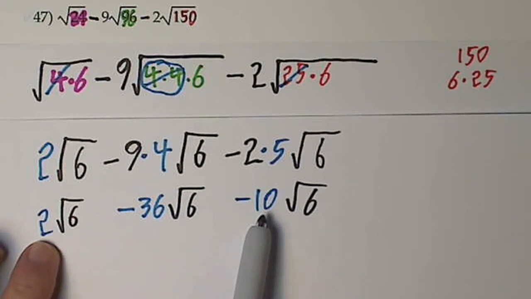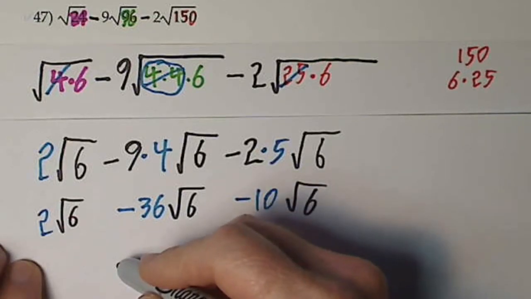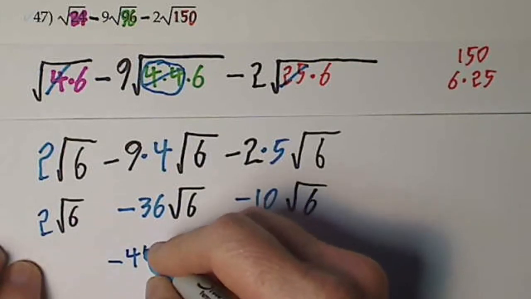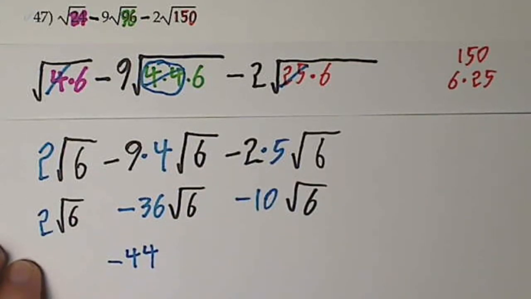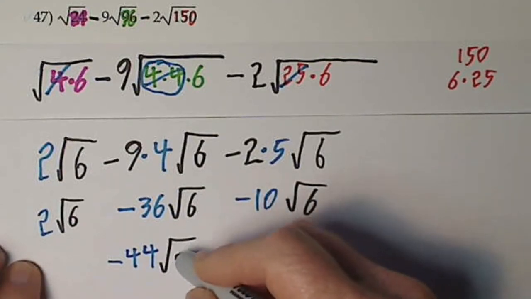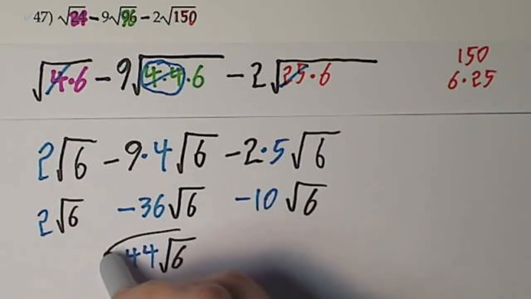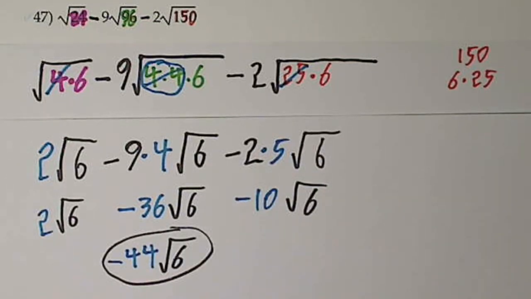Negative 10 would be negative 44. And we just keep our radical 6. Alright, let me double check that real fast. Okay, it looks real good. So that takes care of number 47.